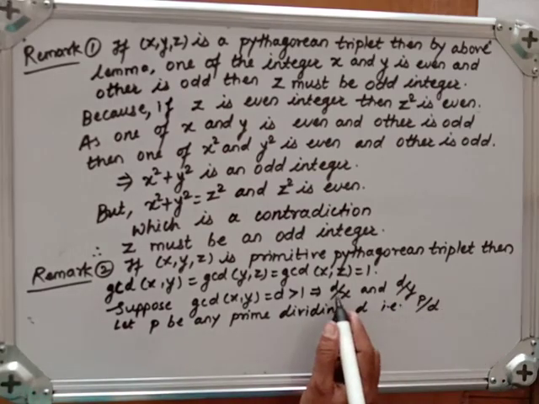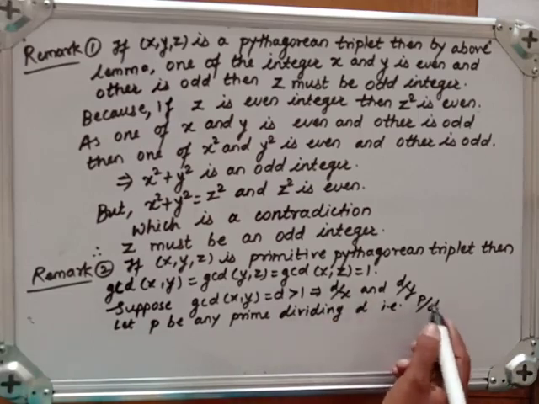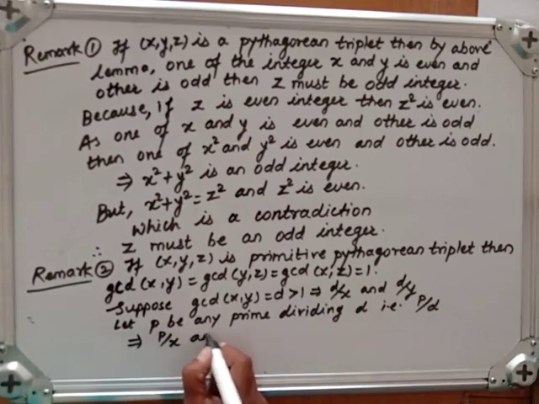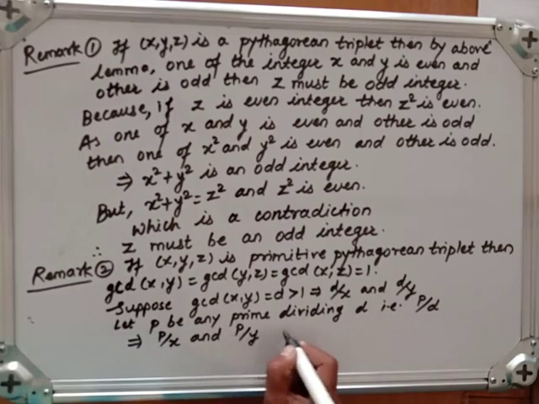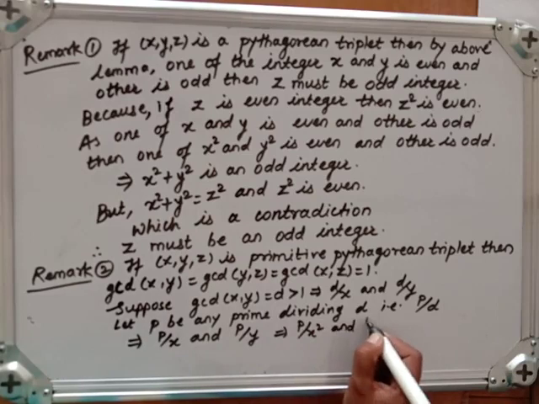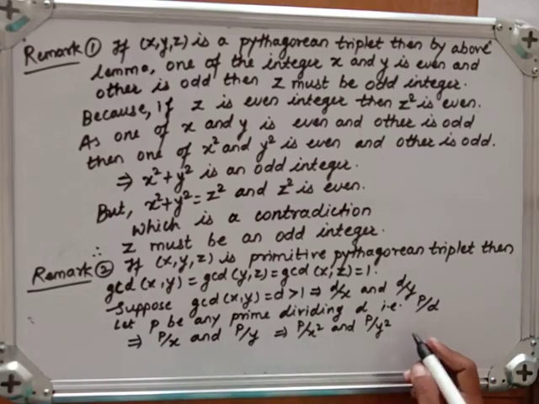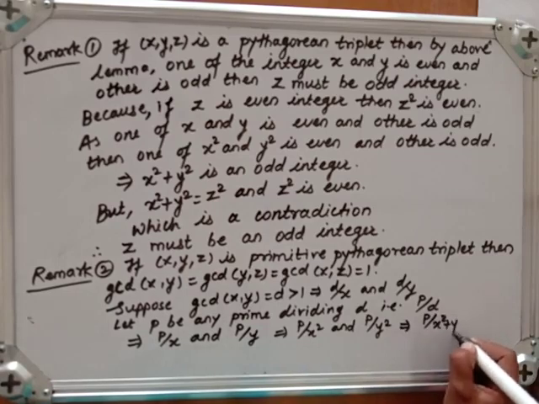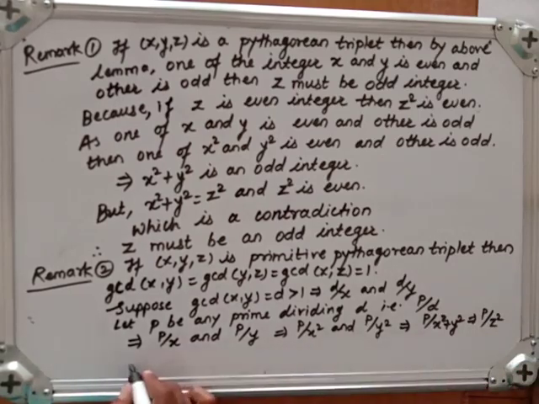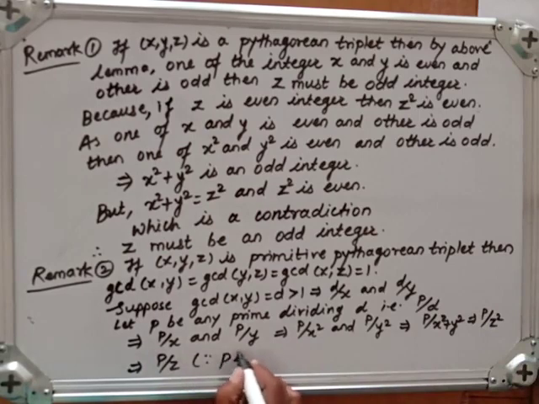If p divides d and d divides x, then p must divide x. So p divides x, and similarly p divides y. That gives p divides x square and p divides y square. That implies p divides x square plus y square, that is, p divides z square. That gives p divides z, since p is prime.